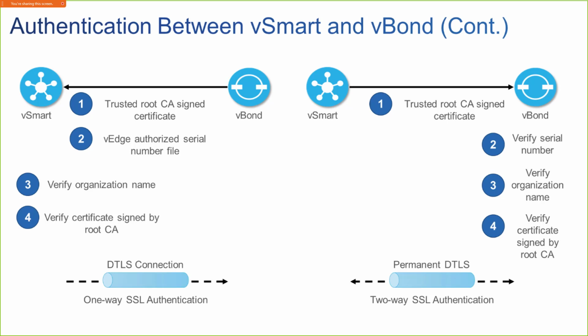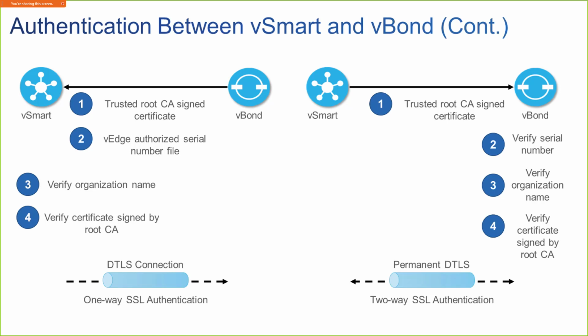Then you manually install those two files, the one that came with the vEdge routers and then the one that you created for the vSmart controllers. And then that allows us to identify all the valid vEdge serial numbers and chassis numbers and the vSmart controllers.